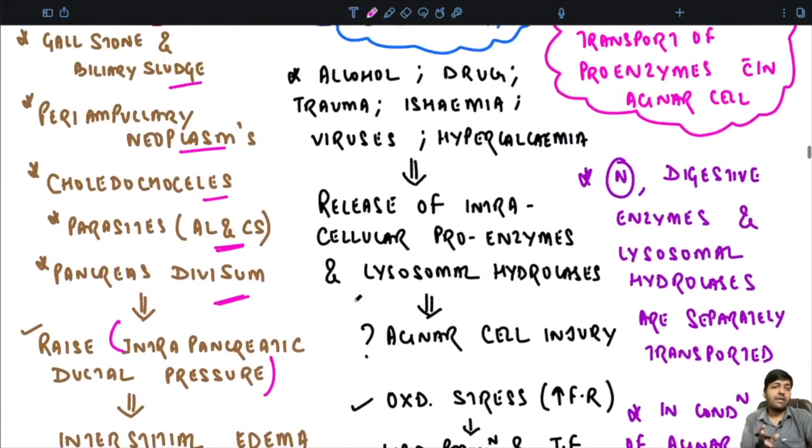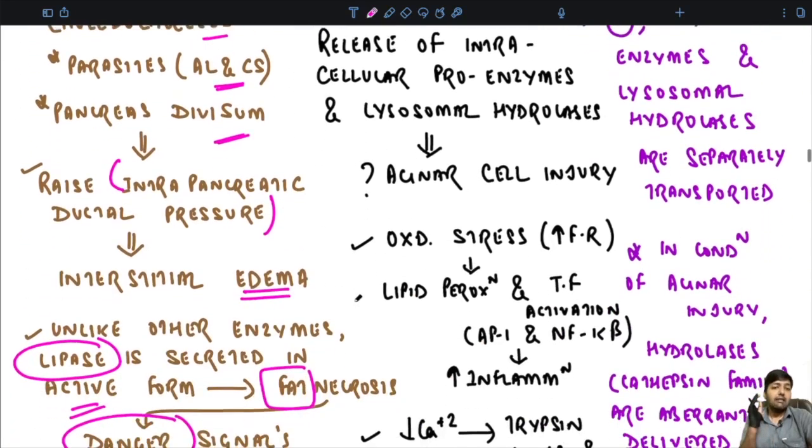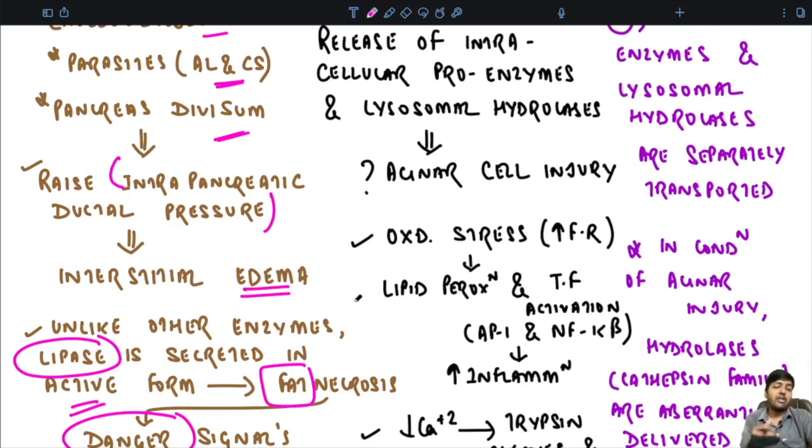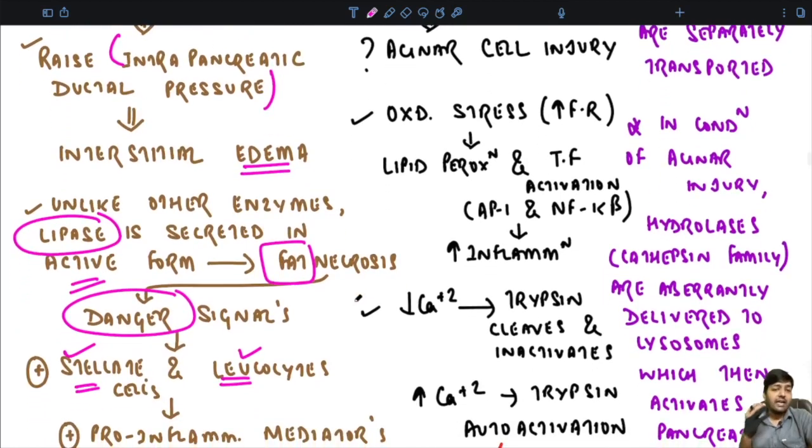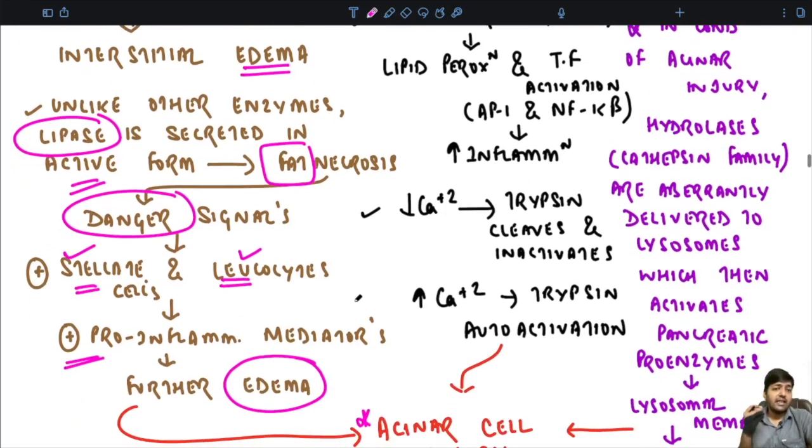So this is the first mechanism, that is the duct obstruction leading to a raised pancreatic intraductal pressure leading to interstitial edema. When an edema is there, it is going to compress the blood vessels, causing further ischemia and acinar cell injury. Not only that, this edema is also going to lead to fat necrosis, and whenever fat necrosis occurs, it releases more danger signals, and these danger signals will stimulate the inflammatory cells like the leukocytes, which will release more mediators of inflammation.